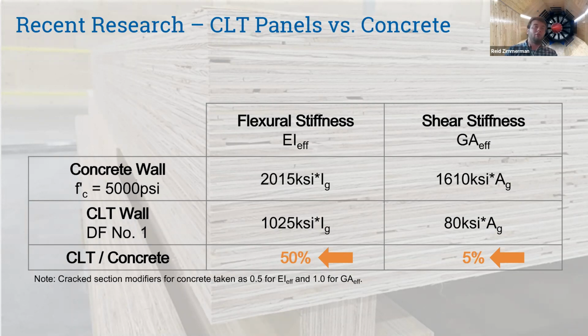Of course, with a concrete building versus a mass timber building, you get a large benefit in terms of the mass of the structure. But for the same floor mass, you're going to need more CLT wall than you are for concrete. That's a hard thing to grapple with as you're laying out your lateral force resisting system, and it becomes an issue for cost of fiber and all sorts of things.